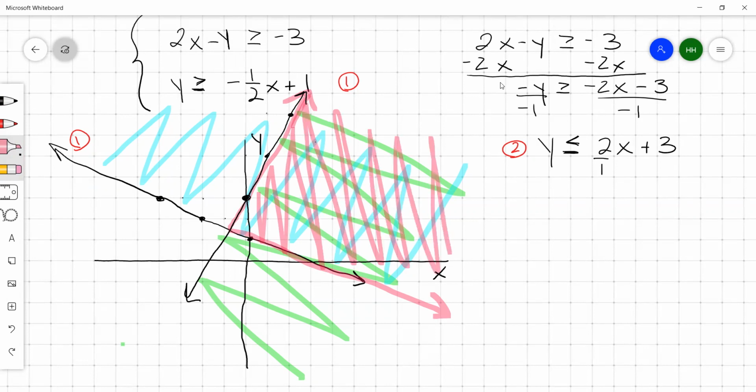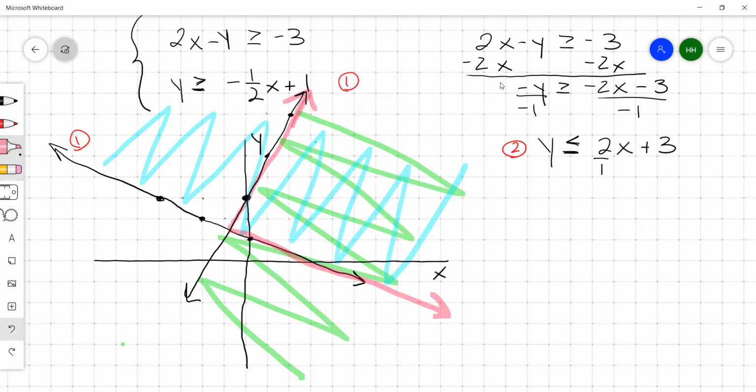If this symbol in slope-intercept form is greater than, you shade the top. If this symbol is less than when it's in slope-intercept form, you shade the bottom of the line. And where the two shadings intersect is where the solution is. It probably would have been better to not even use that third color. See where the shading crisscrosses? Where the shading crisscrosses are all the solutions.